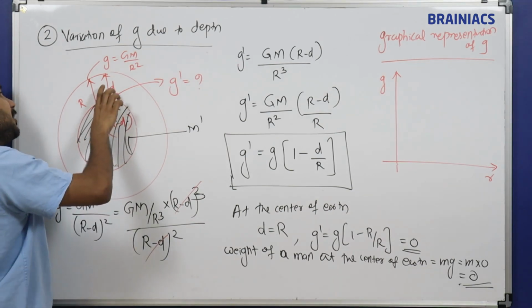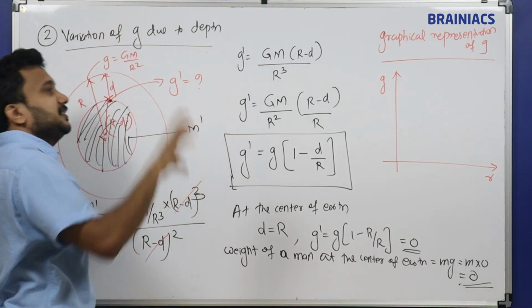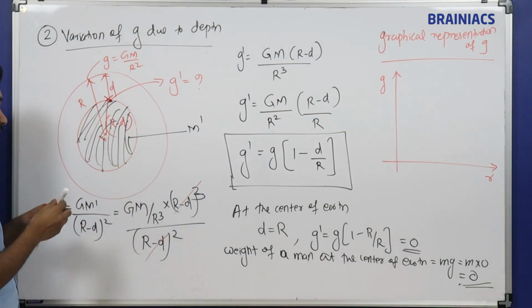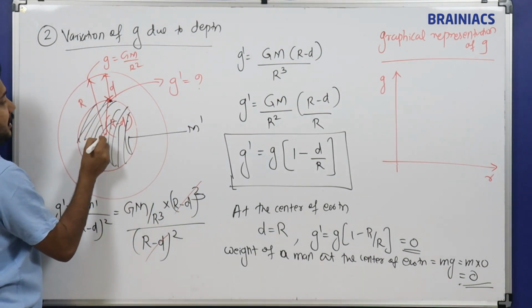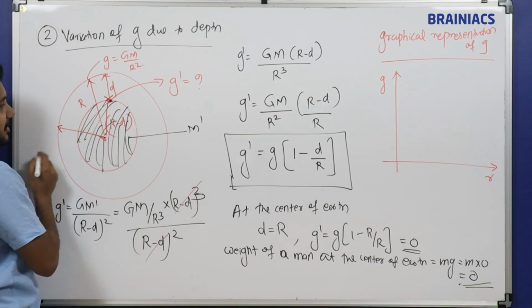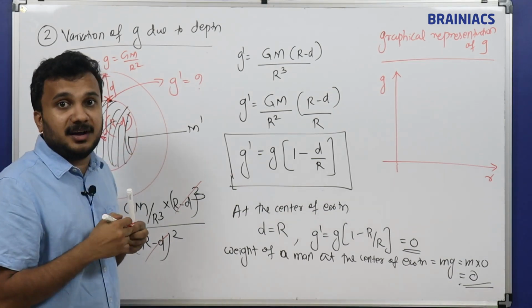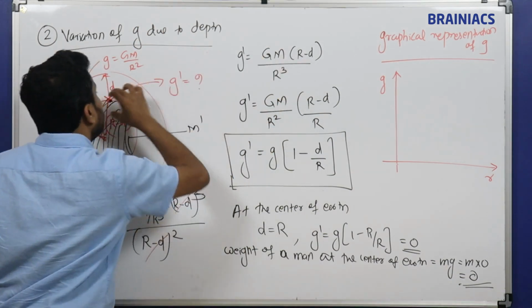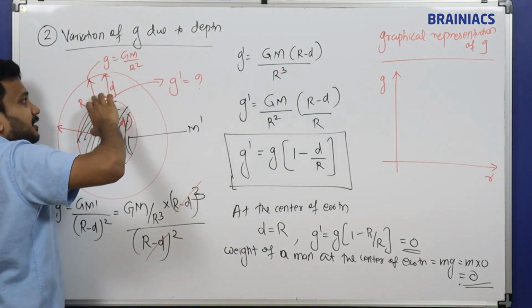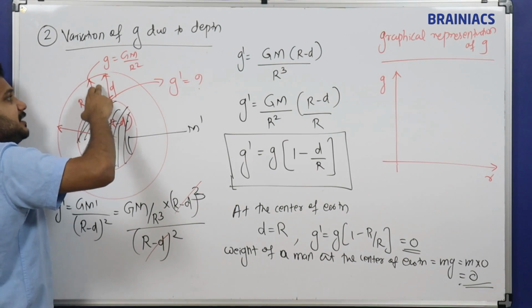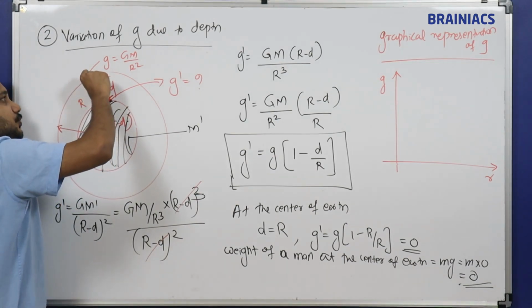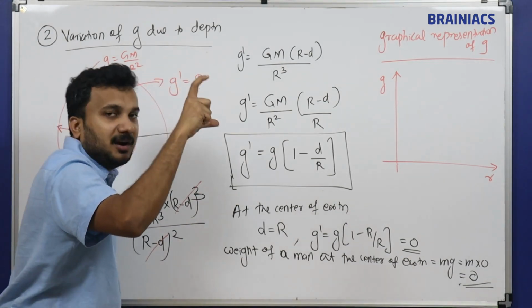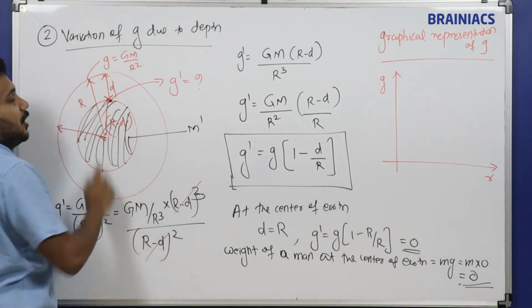So if R minus d increases, which means if I am going from this area towards the outer area, R minus d increases. Here d reduces, here d reduces. So d becomes smaller if I am going from center to outside.